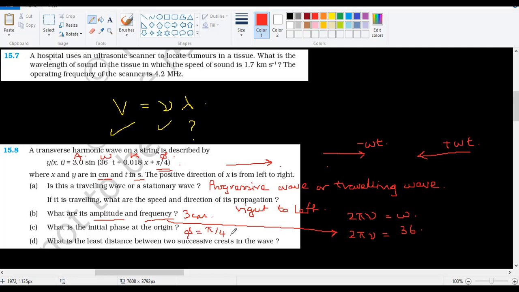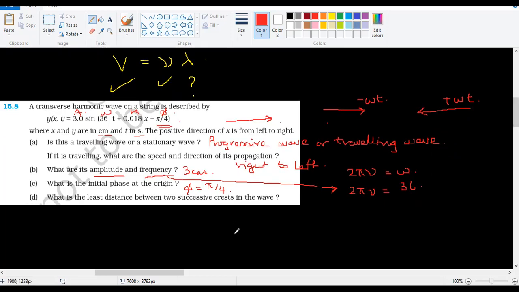What is the least distance between two successive crests in the wave? Peaks are called crests, so the minimum distance between them is the wavelength. Instead of asking for the wavelength, they are asking indirectly.